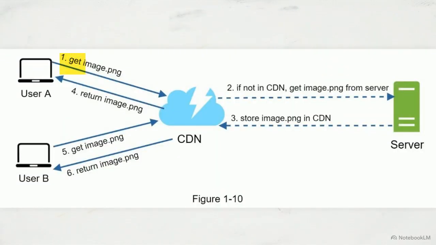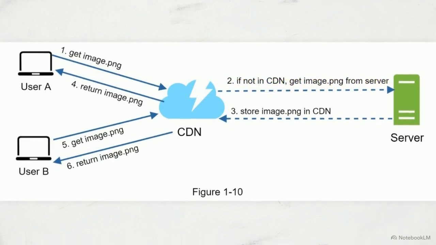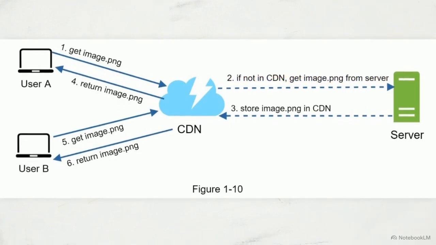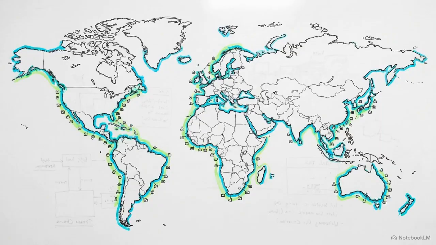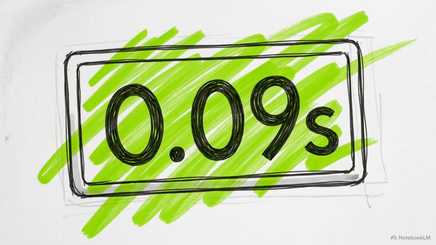When a user requests an image, the local CDN server performs an origin fetch from the main server. Once cached at the edge, it intercepts subsequent regional requests, returning the file instantly from local storage. Offloading repeated database queries into memory and shifting static assets to edge networks ensures sub-100 millisecond response times.